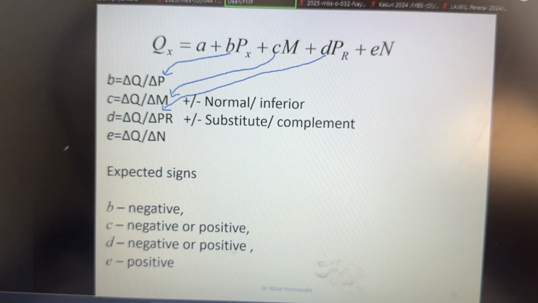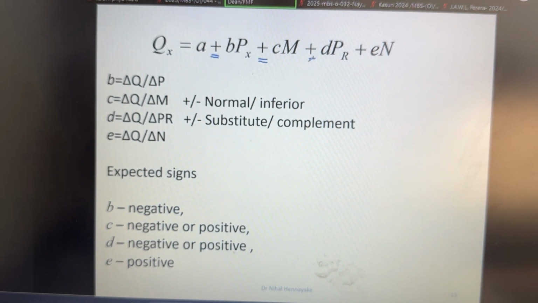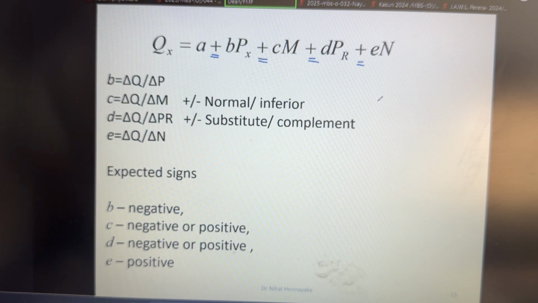And I have to say at the very beginning, before the estimation, we put a plus sign in front of every coefficient, because we don't know these signs before the estimation, plus or minus. So we give a plus sign for all the coefficients before the estimation.